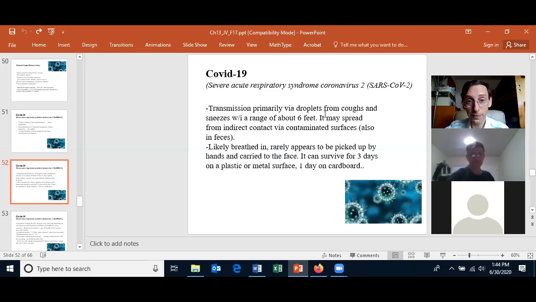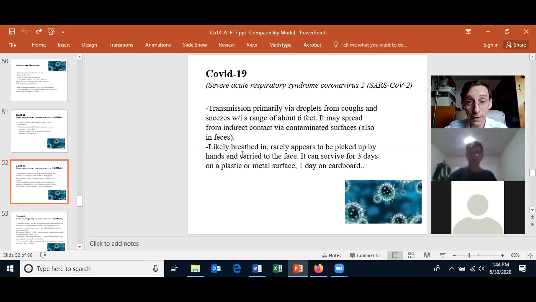So if you're around somebody who's just breathing and they're infected with COVID-19, you can get it. Most of it is from coughs or sneezing or talking or singing. In fact, singing is one of the worst events that spread COVID-19. So you want to stay at least 6 feet away.